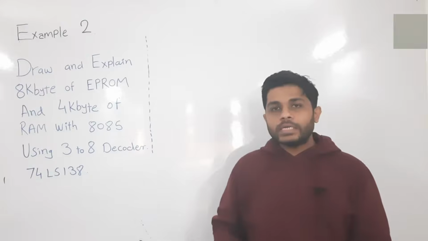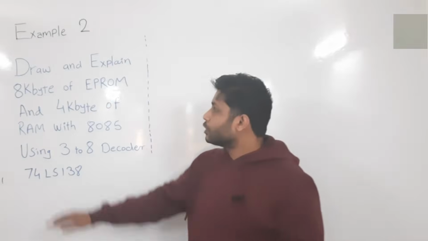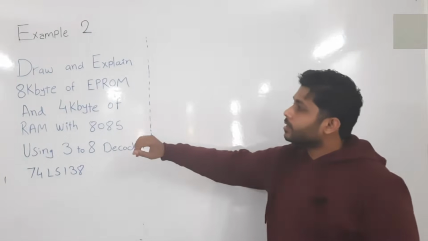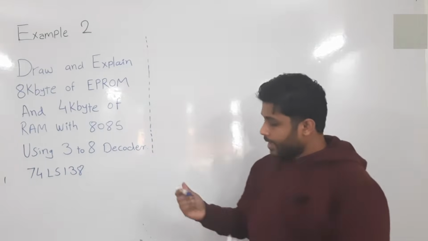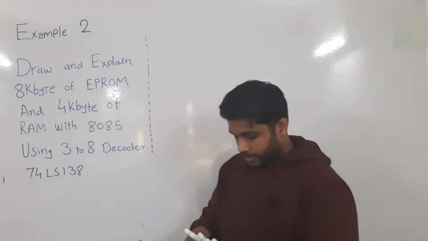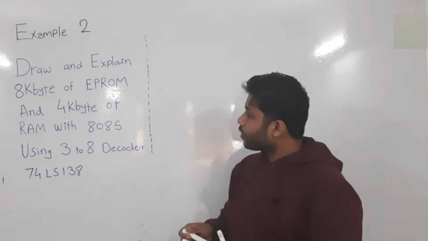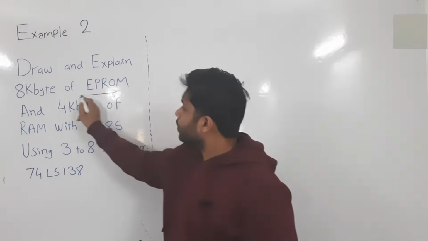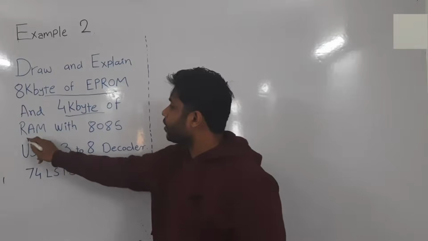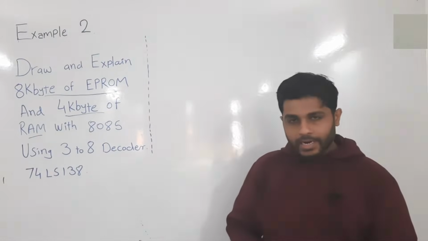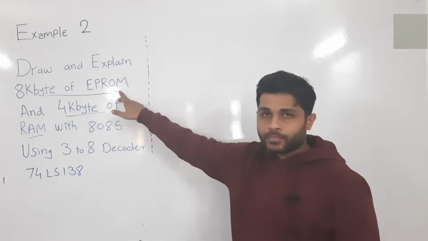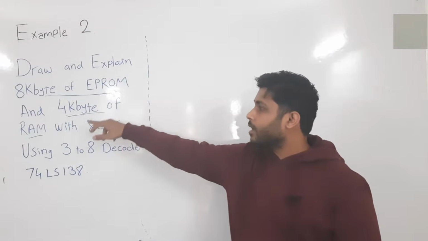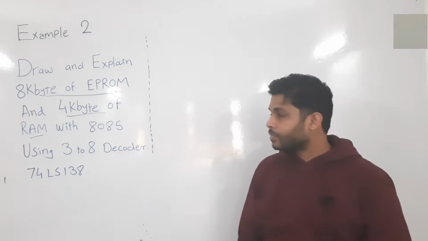So let's read the question that is asked. We have to draw and explain interfacing of 8k byte of EEPROM and 4k byte of RAM. So we are asked to interface two memories. One is a type of ROM, 8k byte of ROM, and another one is 4k byte of RAM.